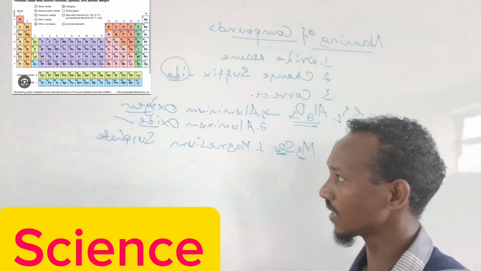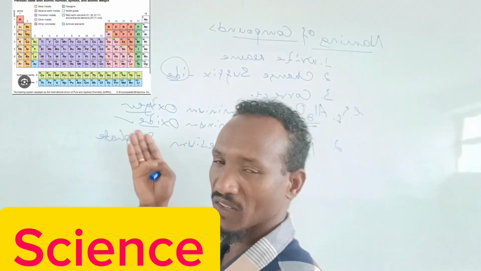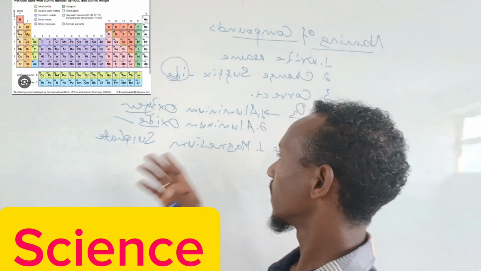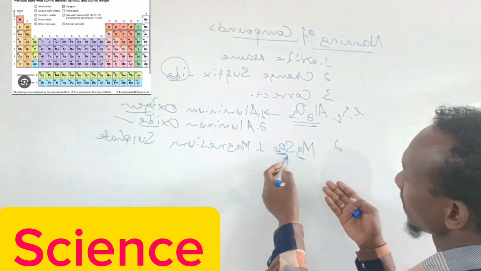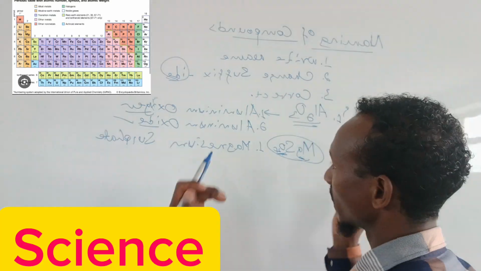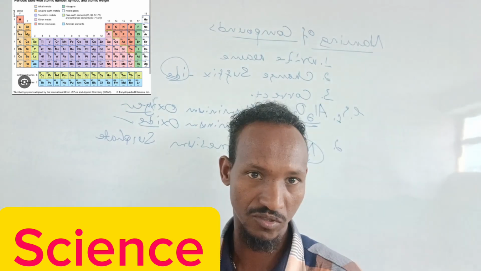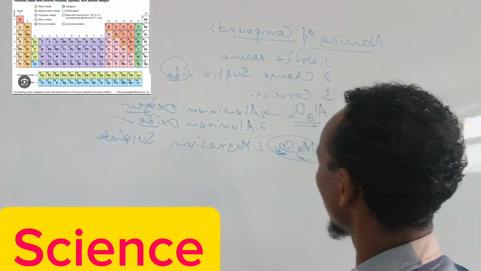Magnesium is a metal and sulfate is a polyatomic ion or radical. So directly, the name is magnesium sulfate, because there is no change to the suffix of these polyatomic ions. As it is, this is the name of the compound.